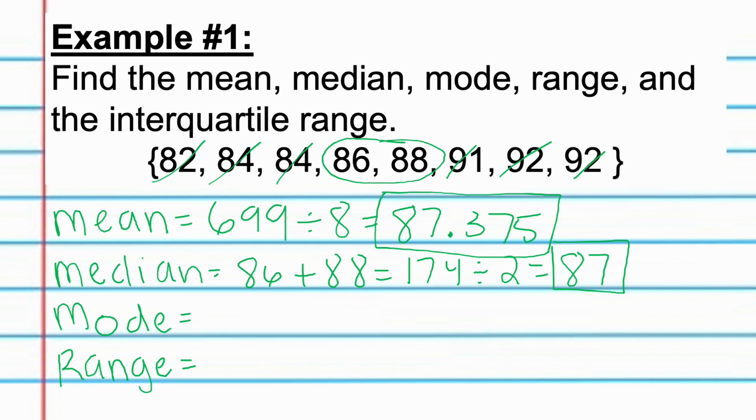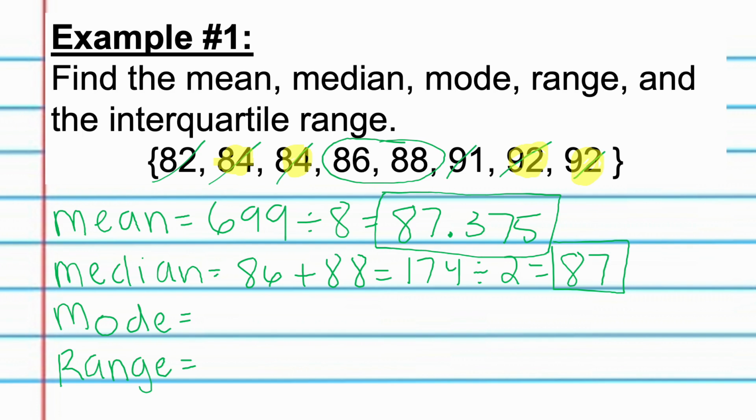Our mode, the number that happens the most. Well, this is one of those weird situations that we mentioned in our notes yesterday, where we have 2 numbers that happen the most. We have 84 that happens twice, and we have 92 that happens twice.